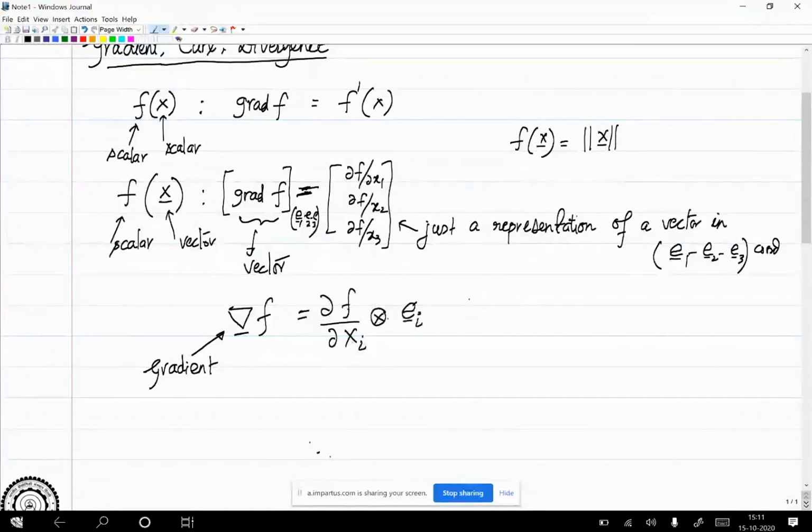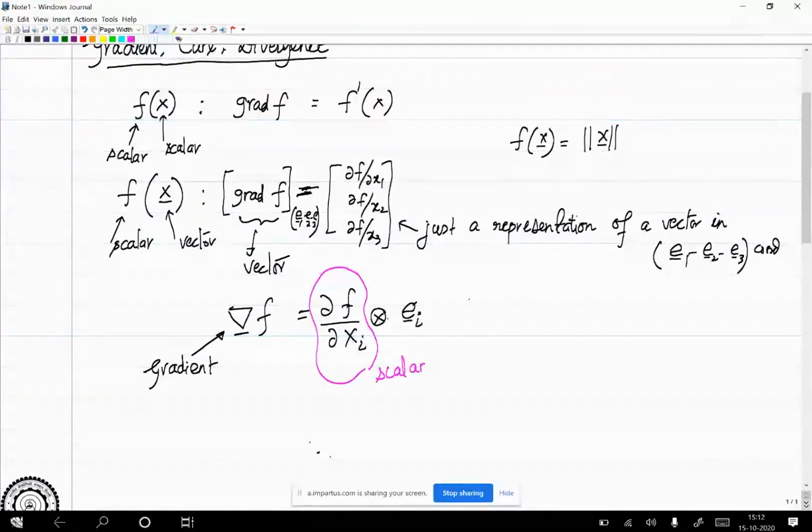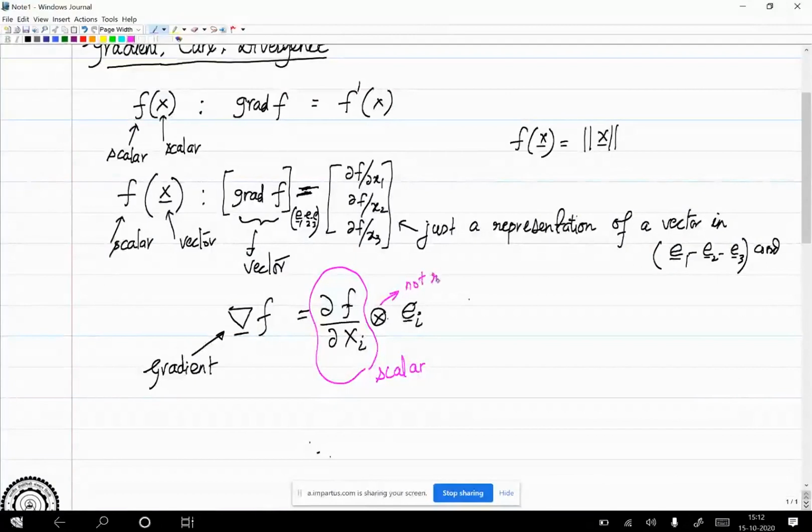Okay, but you see, f is a scalar and xi is also a scalar, so it doesn't make sense to have a tensor product here. So this is not required. We can simply write this as del f over del xi into ei.